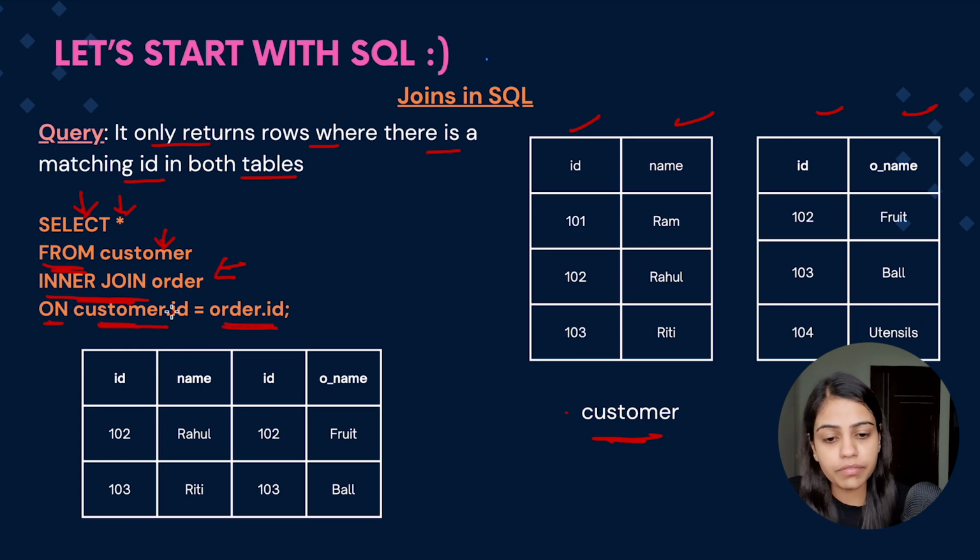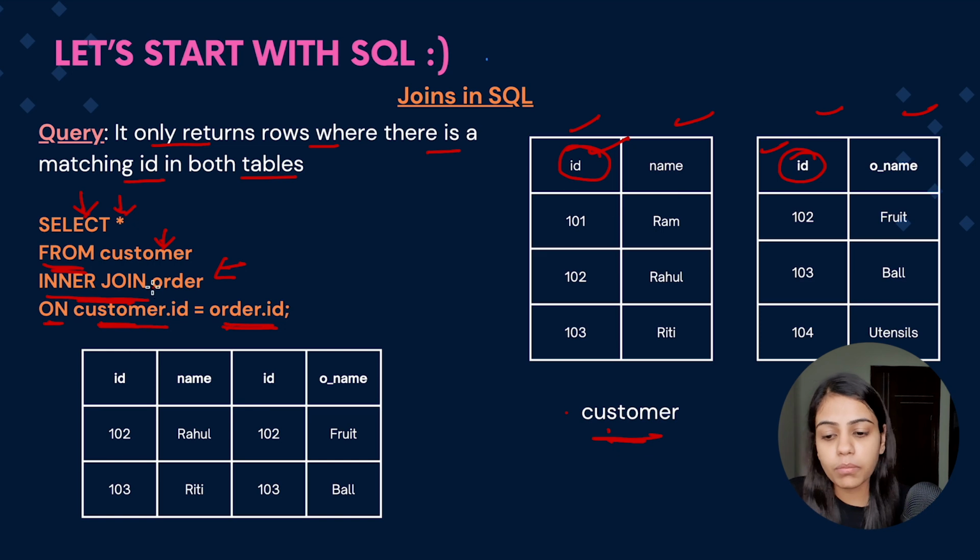So for customer we are using the column as ID, and for order we are using the column as ID. So in both of these tables ID is the similar or a common or a shared column. So on ID we are performing the inner join and we want to see all the details of a particular customer as well as their orders.